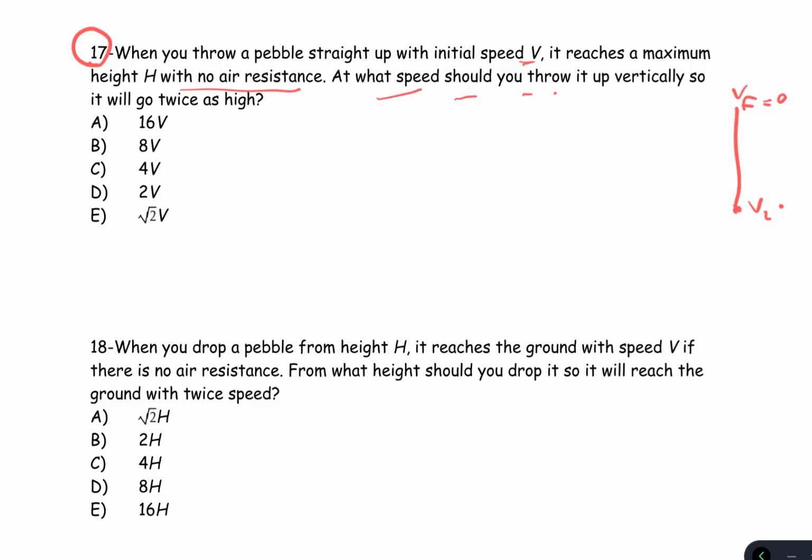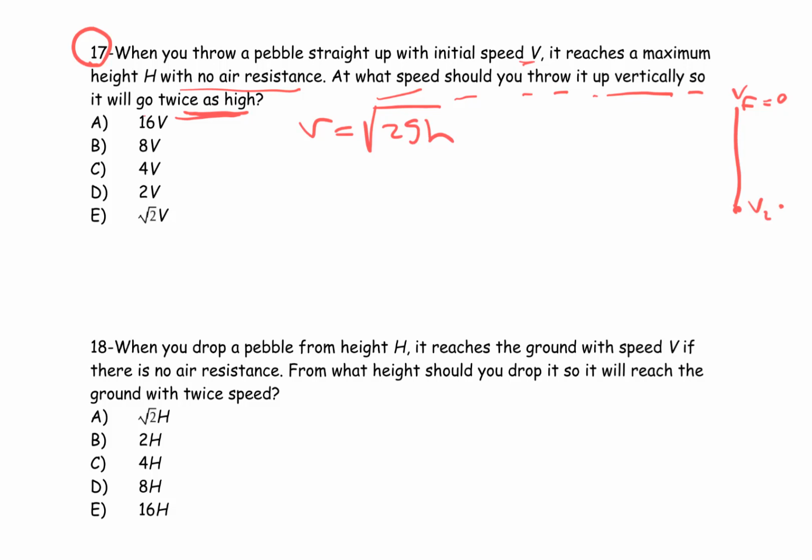At what speed should you throw it up vertically so it will go twice as high? Put in your mind that V equals square root of 2gh for a free falling object, and we can use this rule here.